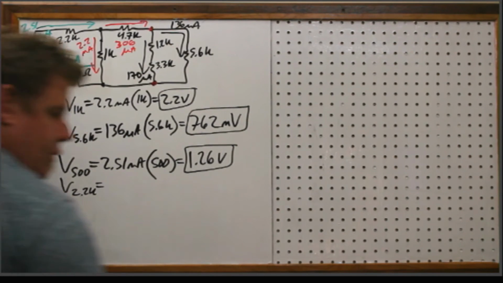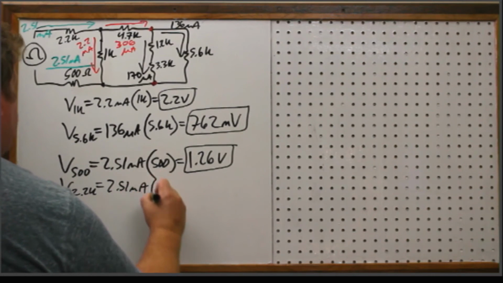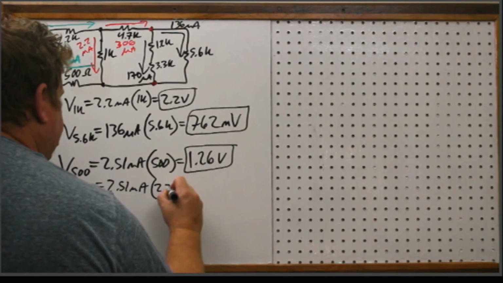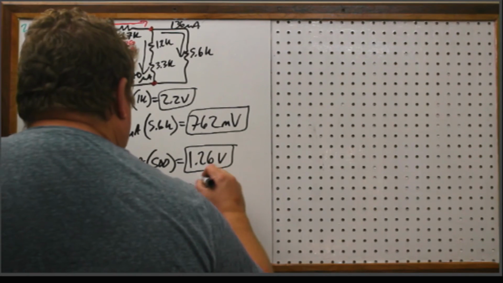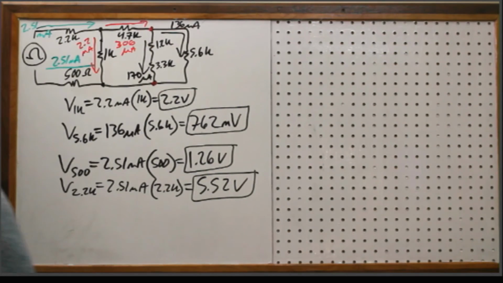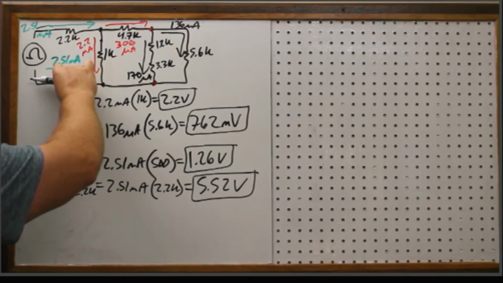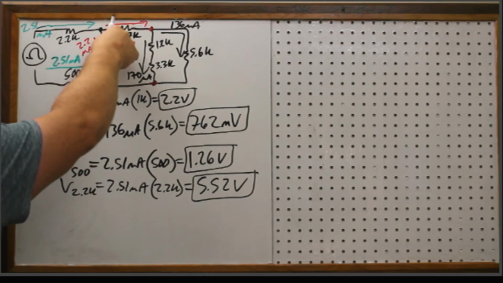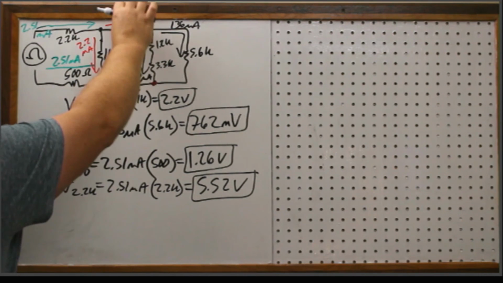All right, so the 2.2K has 2.51 milliamps through it, and it is 2.2 kilo ohms. So that's a 5.52 volt drop. Okay, so 5.5 volts here, 1.3 volts here, and then so this one is the, so let's see, 4.7, did we do that one yet? No, we didn't. How about that one?